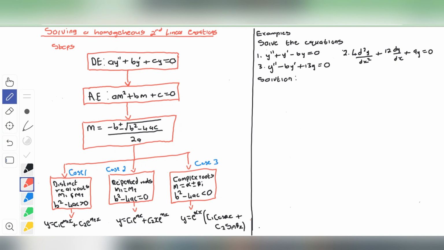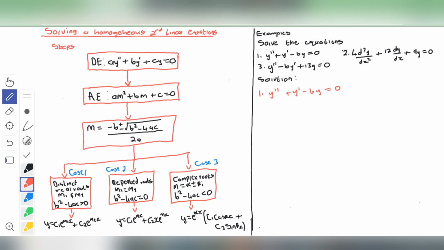So let's do the examples while using the steps which we wrote here. You can see what we are talking about. The first example, we are given y second prime plus y first prime minus 6y equals 0, right?